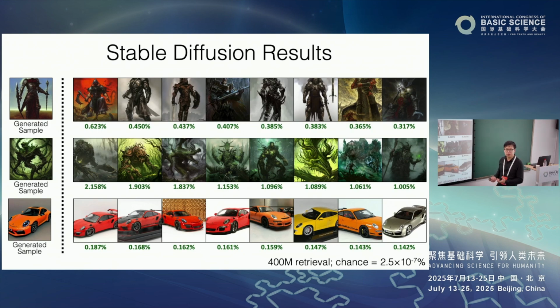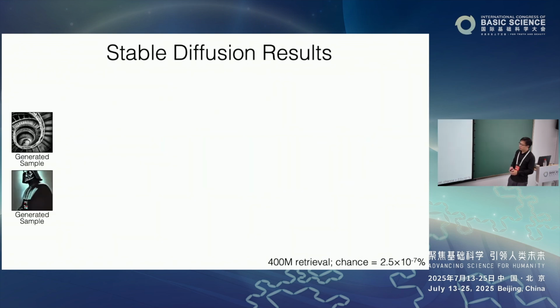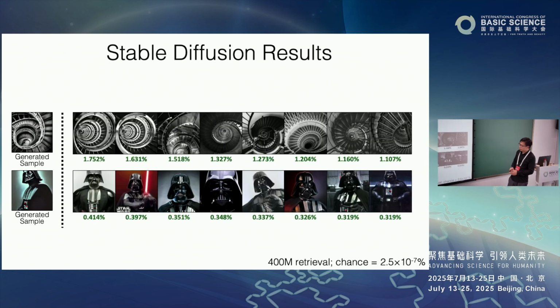It's not like the model is that creative. It's more like the model was trained on lots of creative images. If you have a similar Star Wars character, you can see there are very similar training images. Without these training images, the model will not be able to learn to generate particular characters.